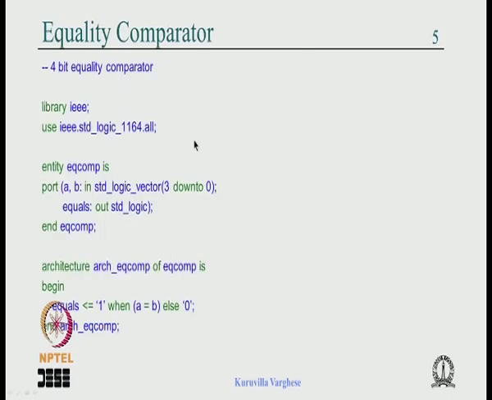So let us look at this equality comparator VHDL code straight away and see how to write VHDL code and what the basic components are. Like I have written here, 2 dashes before 4-bit equality comparator means this is a comment. If you start a dash anywhere, I could put 2 dashes here and write something, and anything after the dashes is a comment.